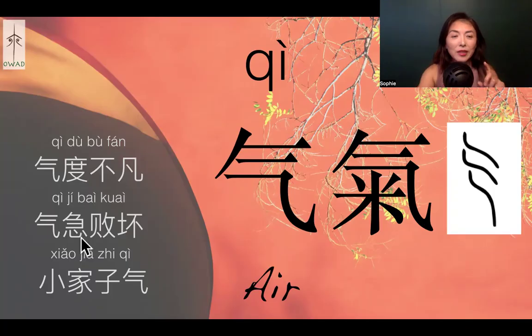So 急 means rushed, in a hurry, feel pressed, stressed. So 气急 together, almost like you have an adrenaline spike right there, and 败坏 means lose, and 坏 means goes bad.